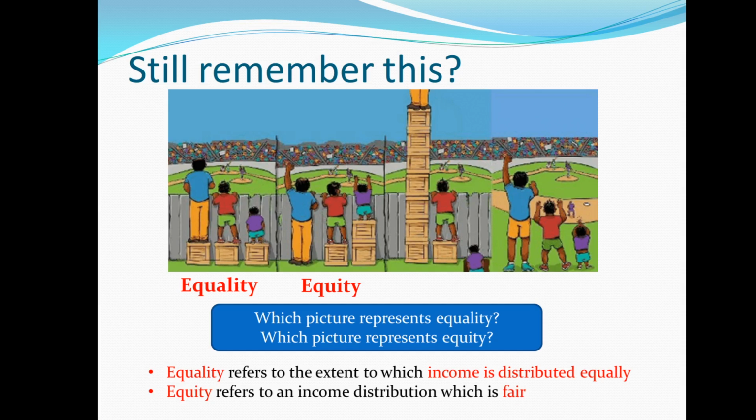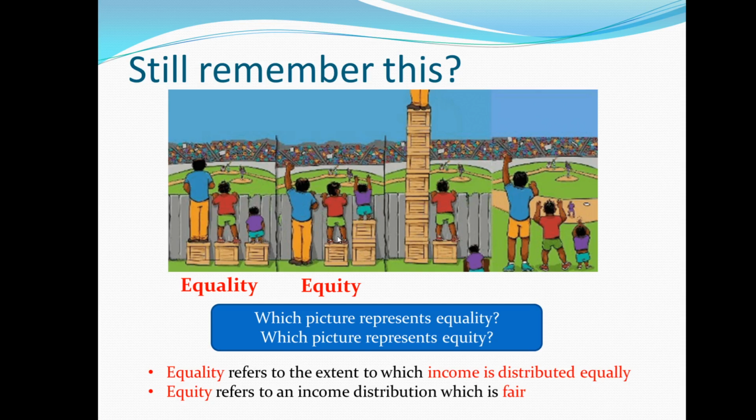Here, because the guy in the blue shirt is such a tall person, he doesn't even need a box so that he can see. I think that's a baseball match. And this guy here is shorter, that's why he needs a box. And the purple guy is the shortest, and that's why he needs two boxes.